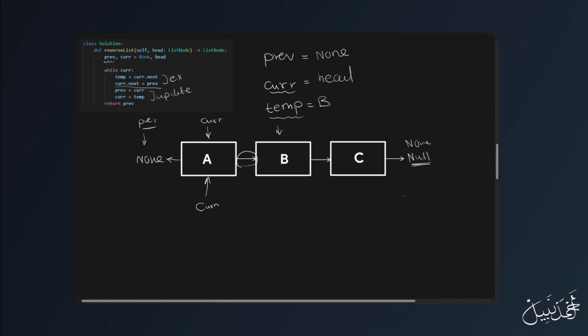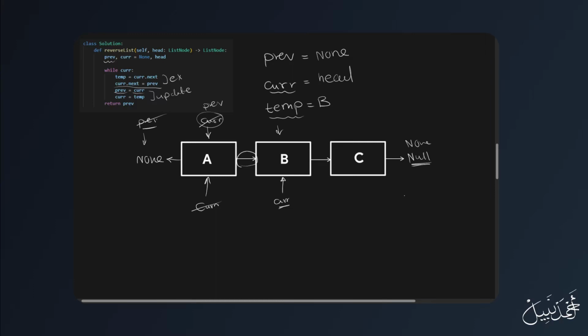This previous pointer will point to this current, so we will assign that current to the previous. So the previous is going to be here, pointing to this first node, which is A, and this current is going to be the temporary variable, which was the next of the first node here, and this is going to be our current. We will continue doing so till we reach the end of this linked list.